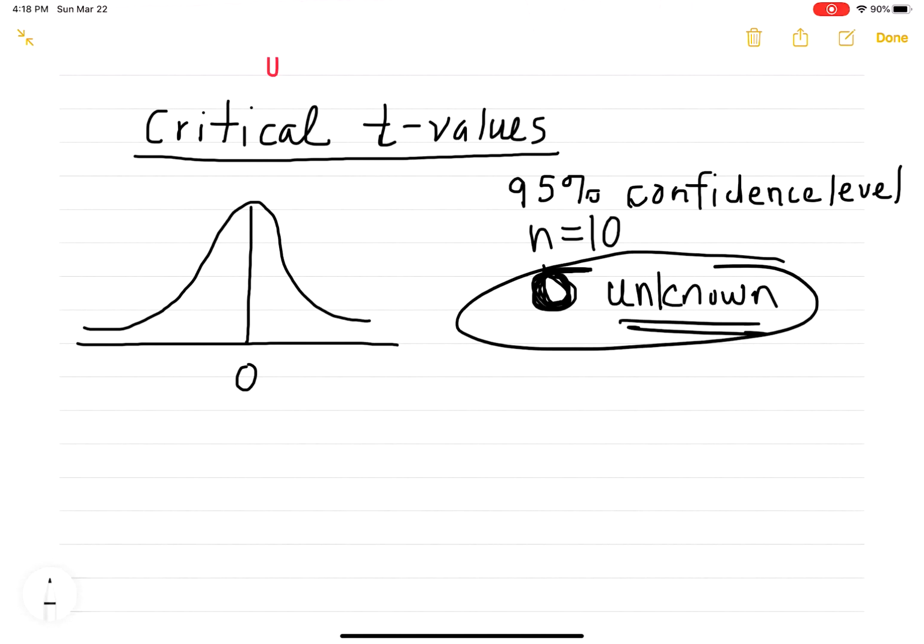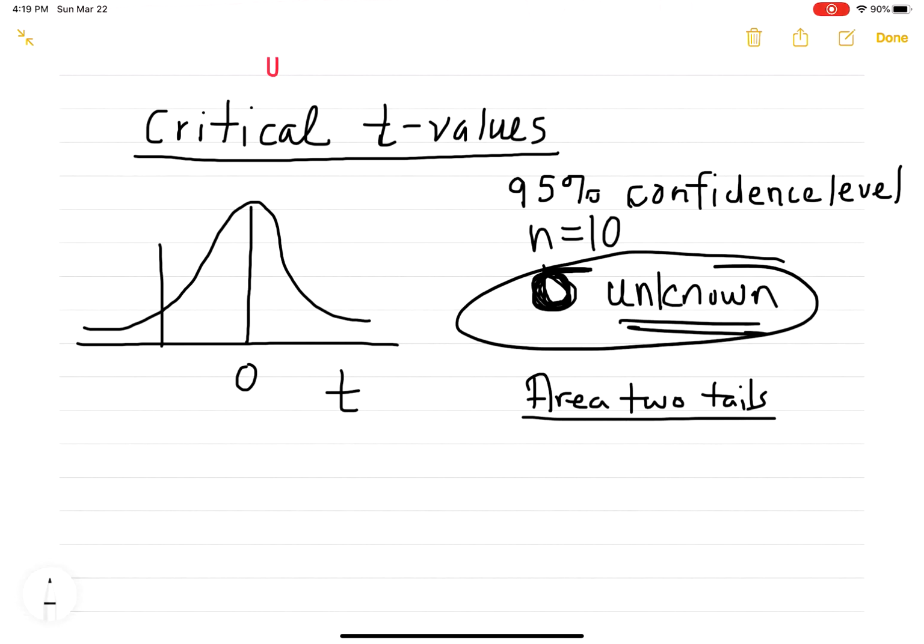Well, the first thing you want to do is find what's called the area in two tails. So the area in two tails is what we want to find. The 95% confidence interval focuses on the central 95% of t-scores.